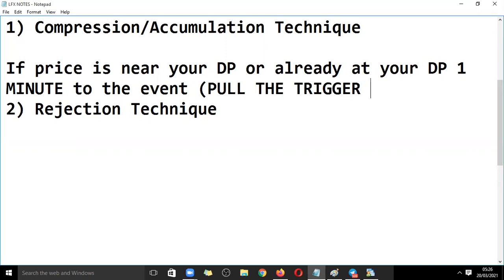So you can pull the trigger at current market price. That's under the compression technique.